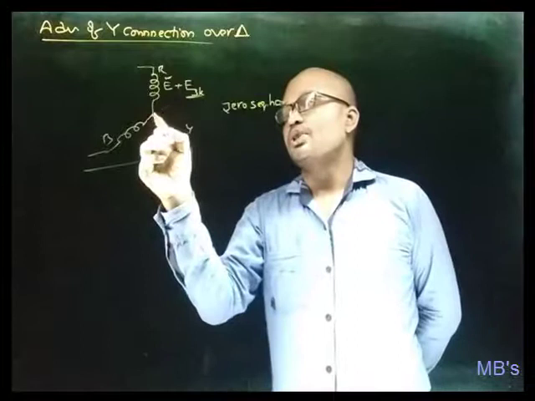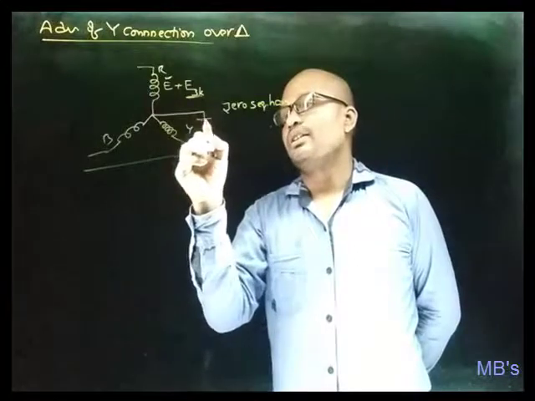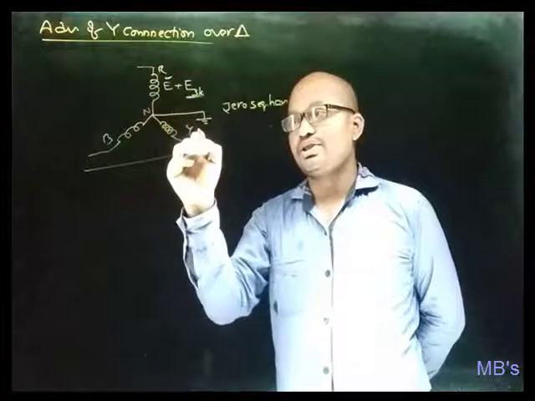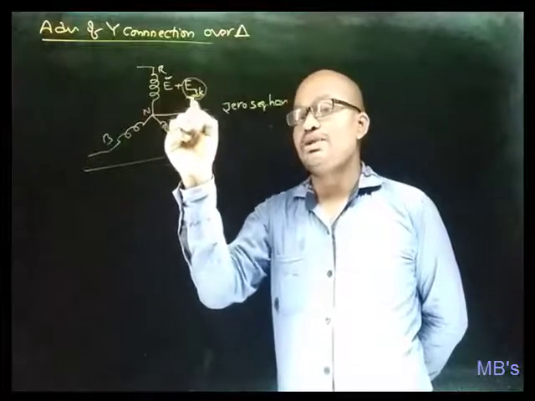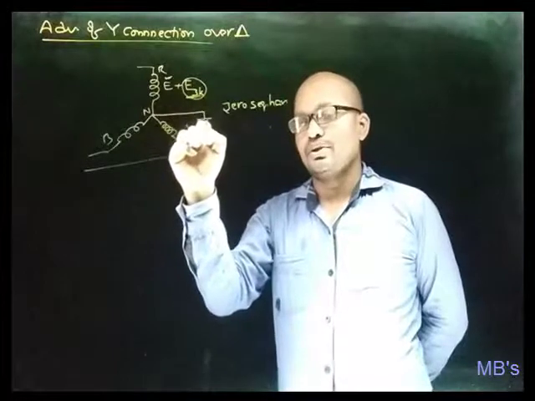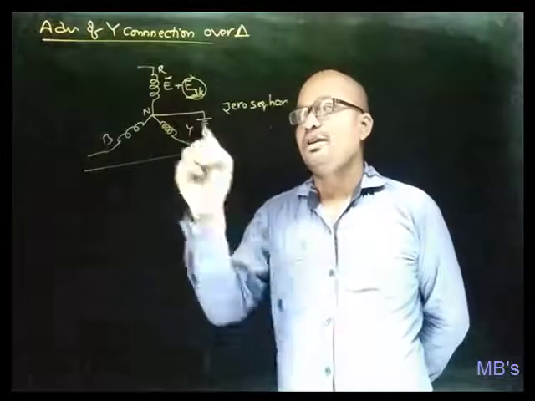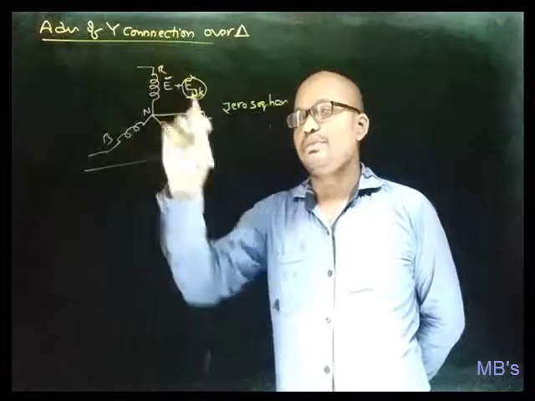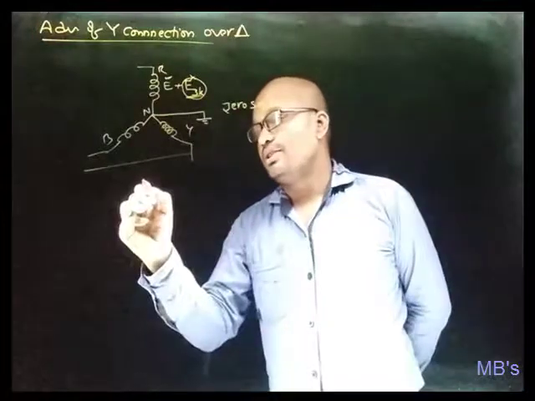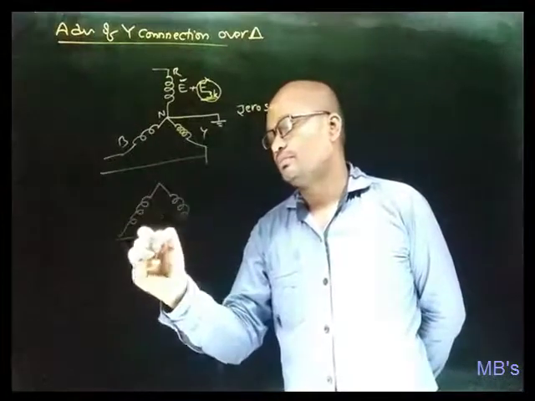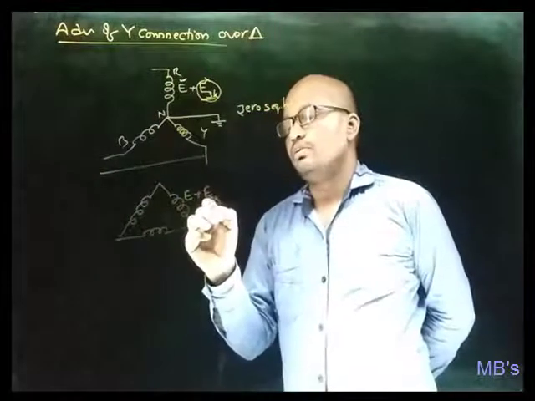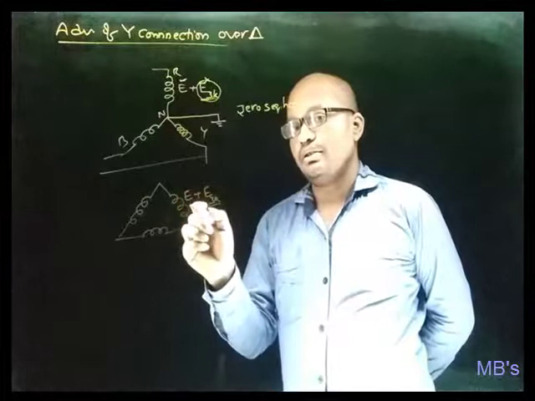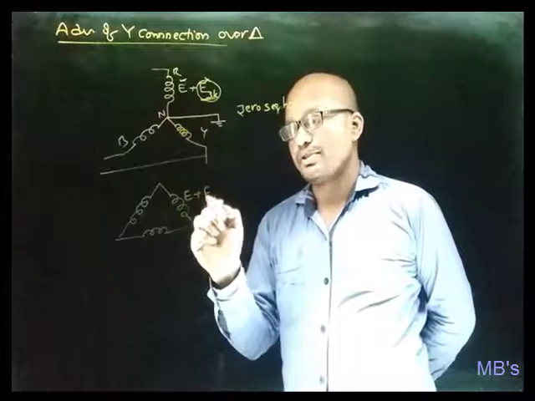So the advantage of star connection is that it can have a neutral connection, which can be grounded. If it is grounded, then these triplen harmonics will have a path to flow, so they will be eliminated and the output of the alternator will be a pure sinusoidal induced EMF. Consider the delta. As we know, in the alternator, along with the fundamental, triplen harmonics are also present.